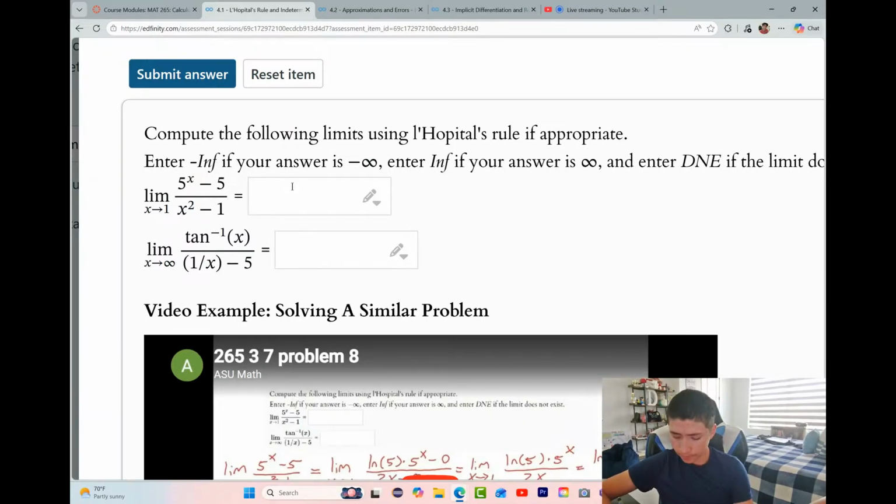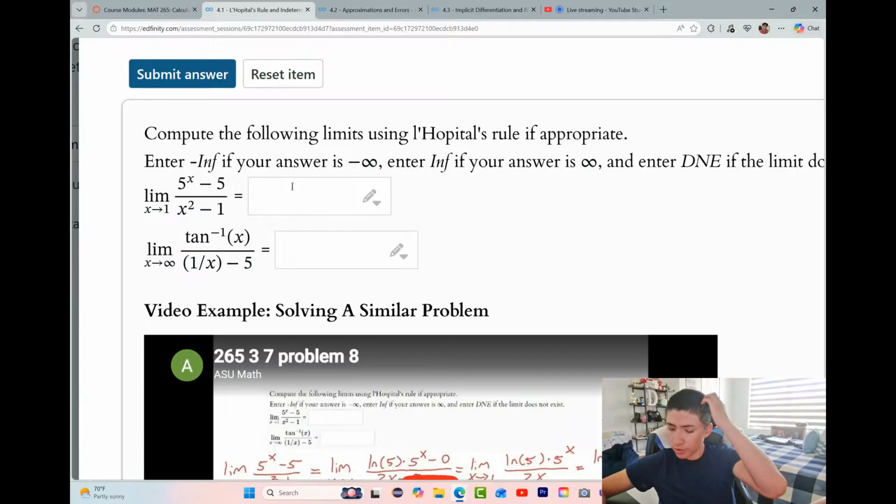So it looks like we apply the rule. We have the limit as x tends to 1 of d/dx of (5 to the x minus 5) over d/dx of (x squared minus 1).